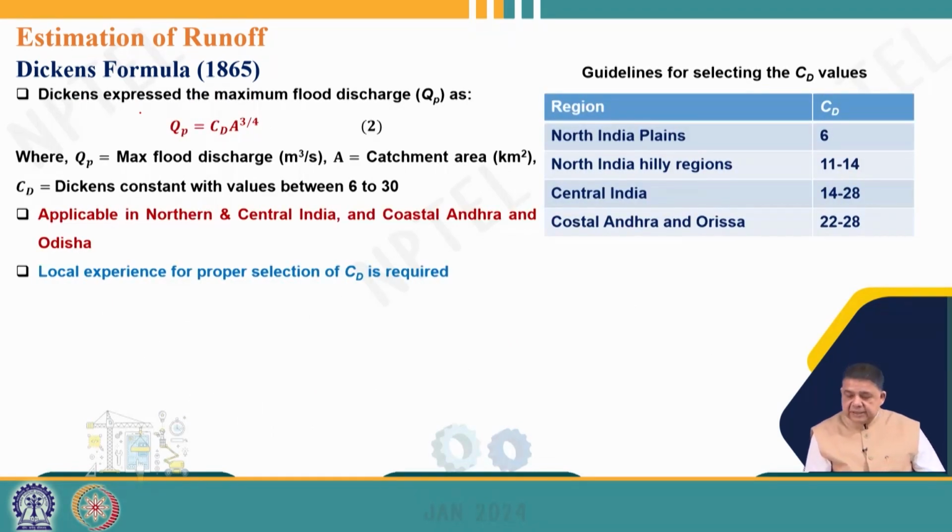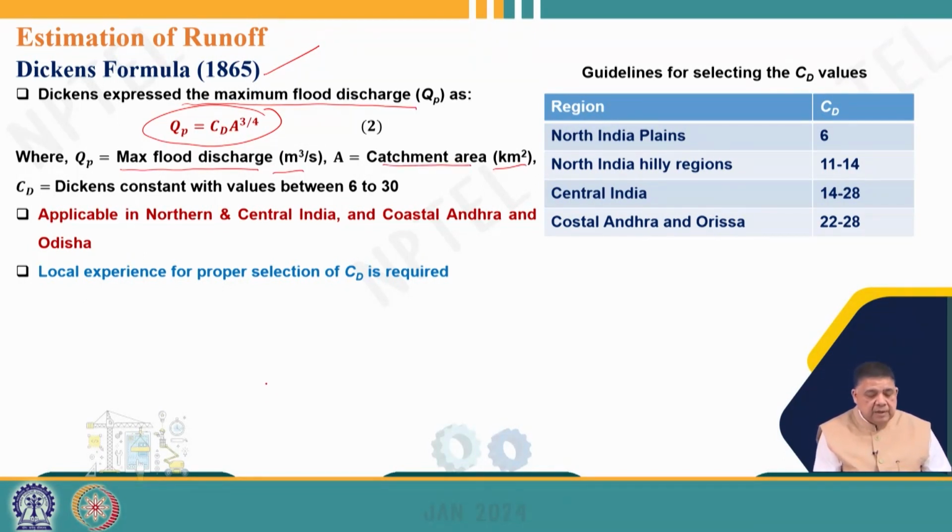Then we have Dickens formula, which was developed in 1865. Dickens expressed the maximum flood discharge QP in this form: QP is CD A to the power 3 by 4, where QP is the maximum flood discharge in cubic meter per second, A is the catchment area in square kilometers, and CD is a Dickens constant with values ranging from 6 to 30.